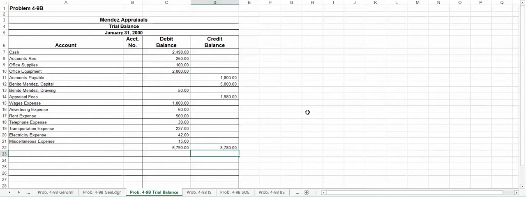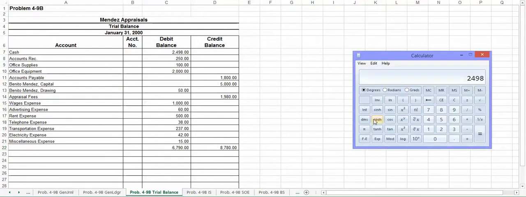So let's go back and double check our work. So we are off by a lot. So let's see. 67.90 minus 87.80. We are off by $1,990. So we need to figure out where we went wrong exactly.